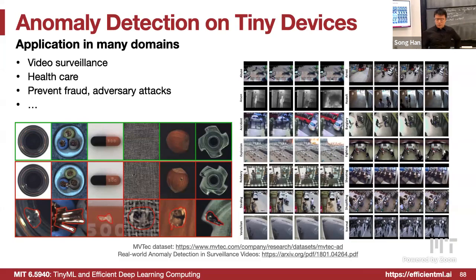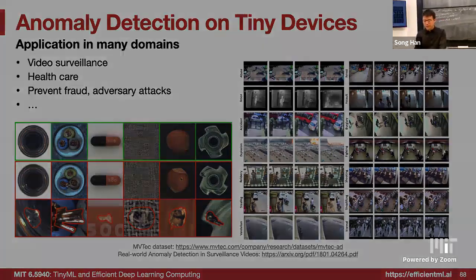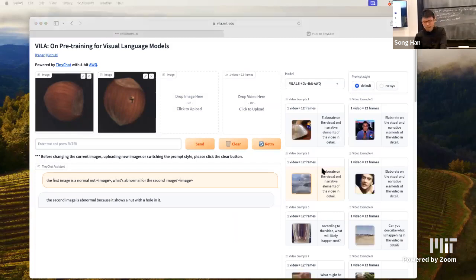But recently, with the advancement of large language models, especially visual language models, there are alternatives to that. We're going to cover this later in the lecture, but we want to give you a peek. So just put these two nuts and feed them to our visual language model called VILA. It has 7 billion parameters.